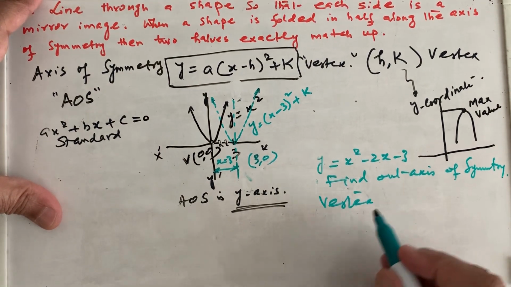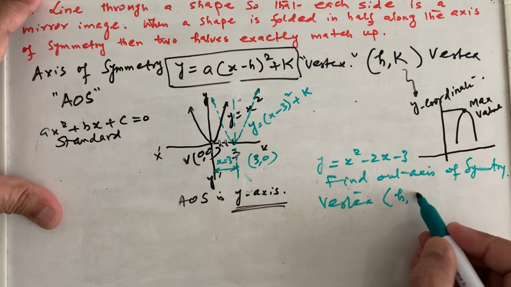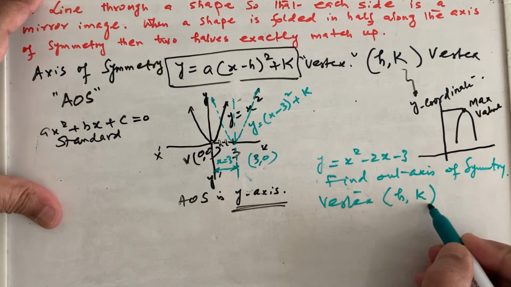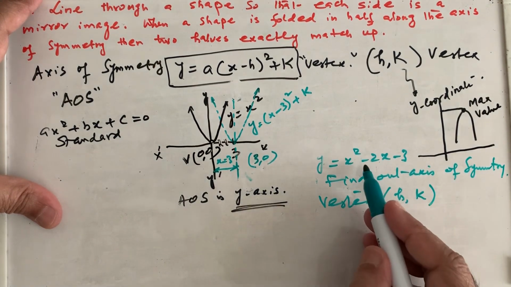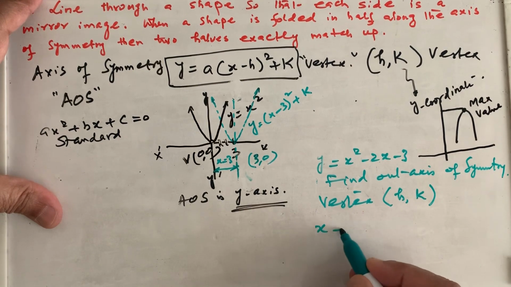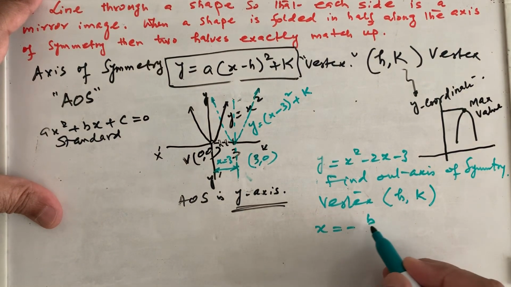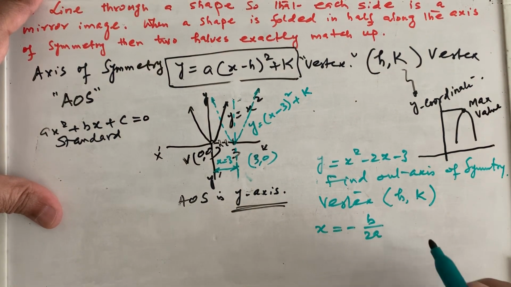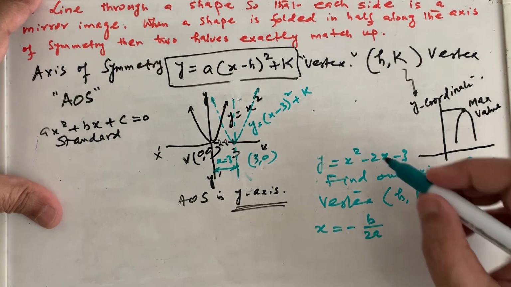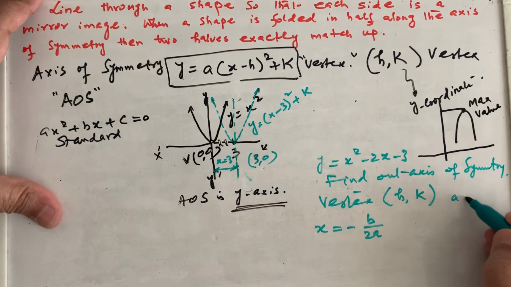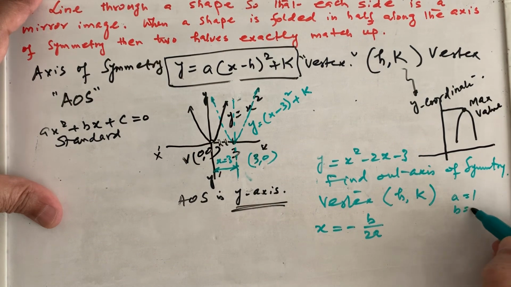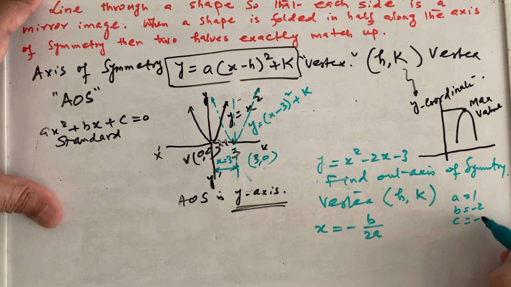We know that the vertex means h and k, which are the x value and y value, right? So we find the x value by the formula we learned in the last lecture, minus b over 2a. So we substitute the values. What are a, b, c here? a equals 1, b equals minus 2, c equals minus 3.